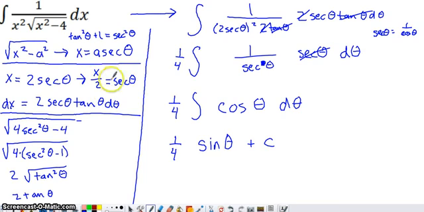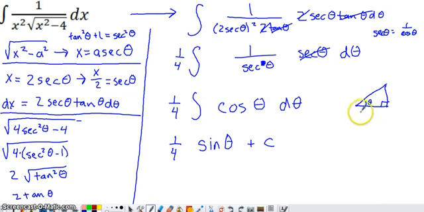This statement right here allows you to draw a right triangle. So I'm going to take some of my space over on the side here, draw myself a right triangle. I'm going to call that the angle theta. There's my right angle. What I can go ahead and do, based on this statement, x over 2 equals secant of theta, I can label some of the lengths of the sides of this triangle.